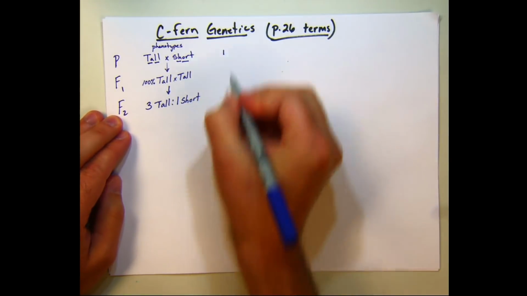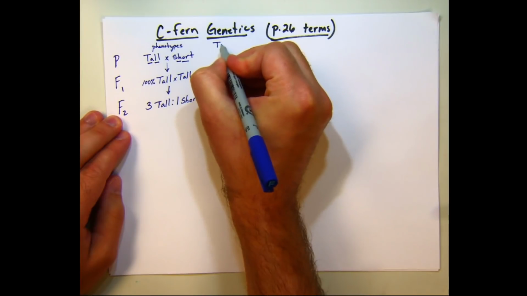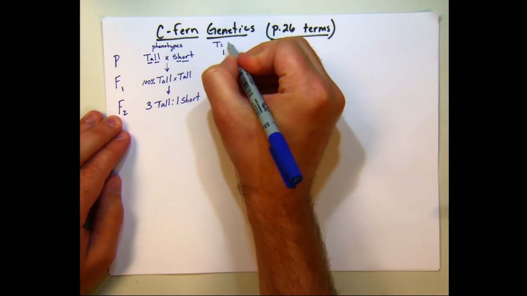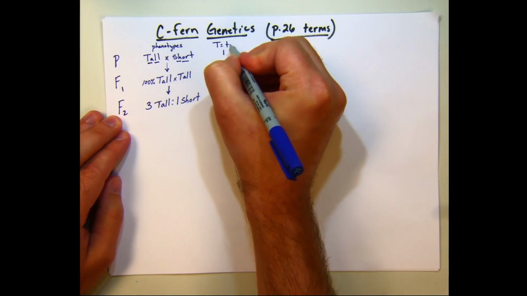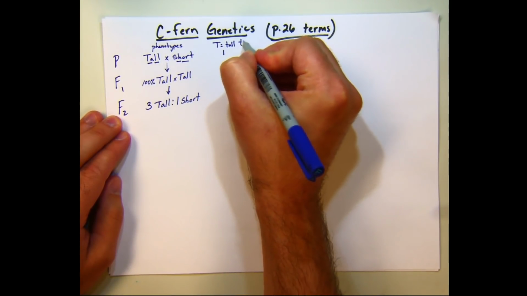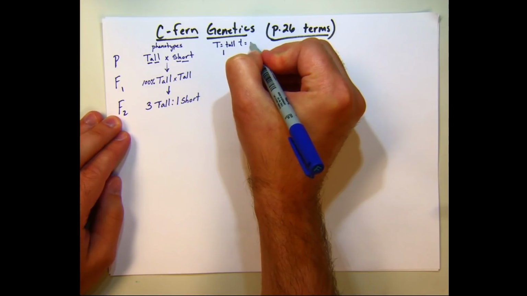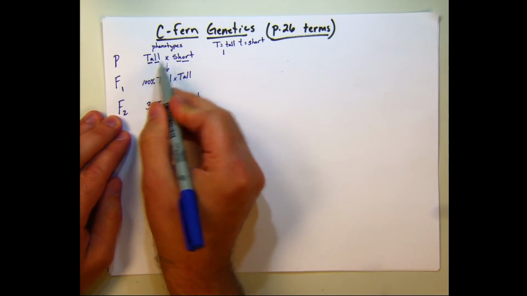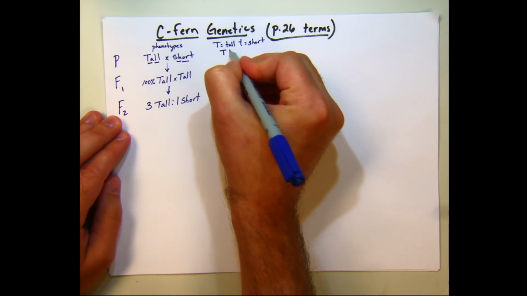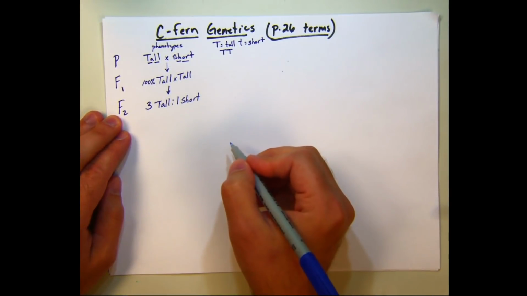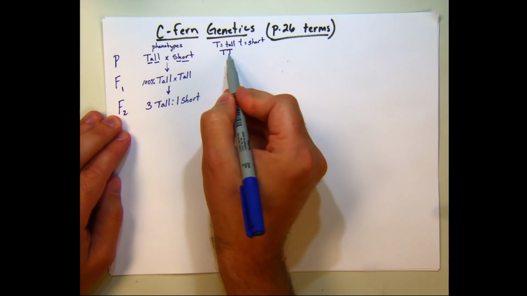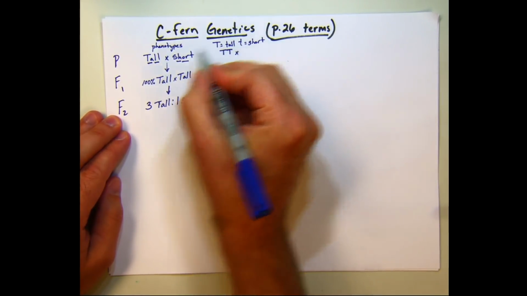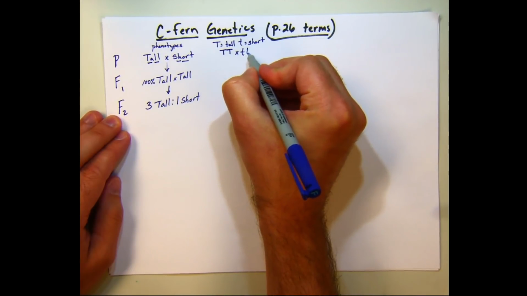First of all, let's define some letters. We're going to assume a capital T is the character for the tall plants, and a lowercase t is the character for the short plants. So this tall had 2 capital characters for tall, because it was purebred, and the short had 2 lowercase.